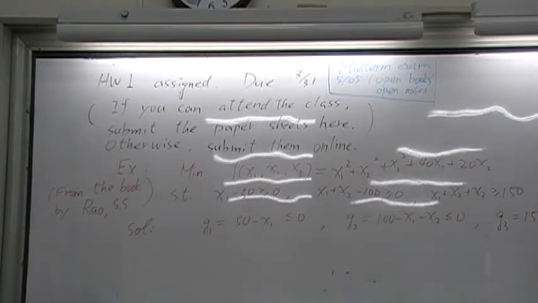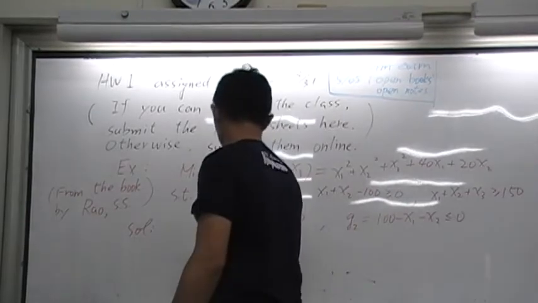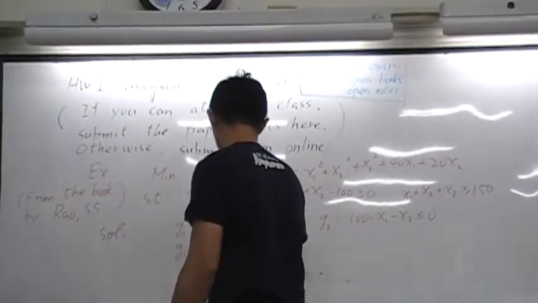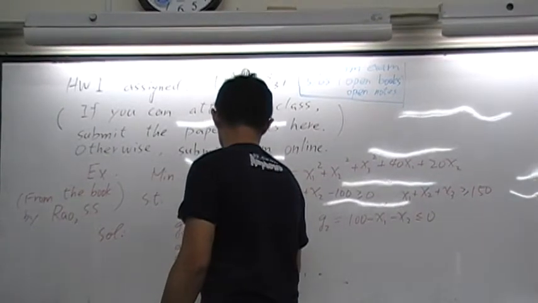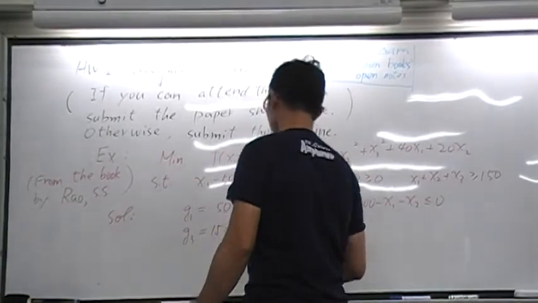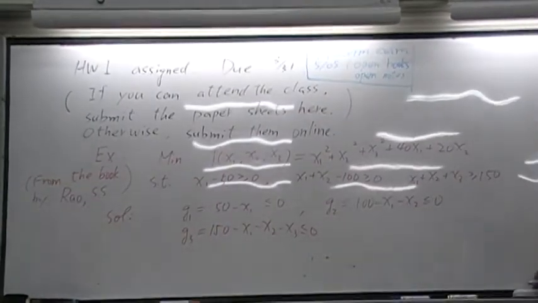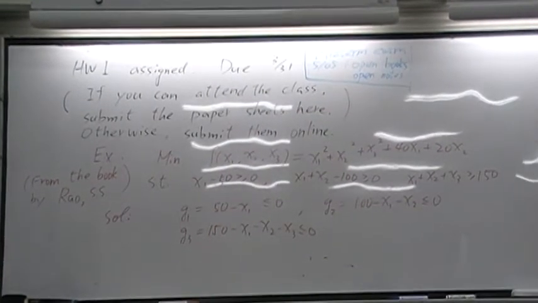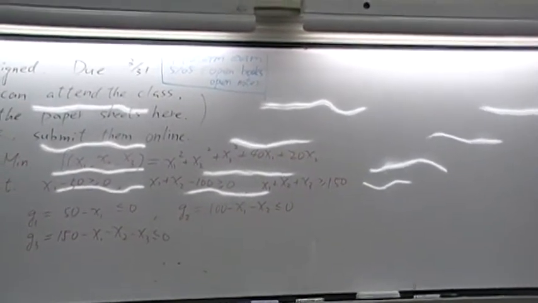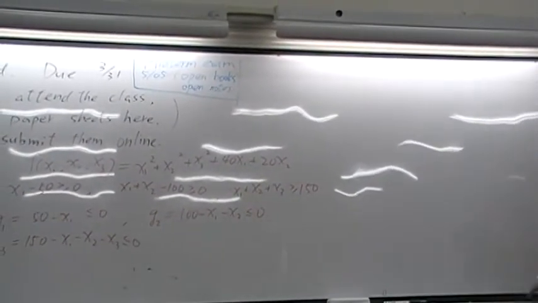Okay, so with this, maybe I should write it down over here. G3, 150. Okay, so yeah, these are the 3 constraints, and then let's just start using the KKT conditions.